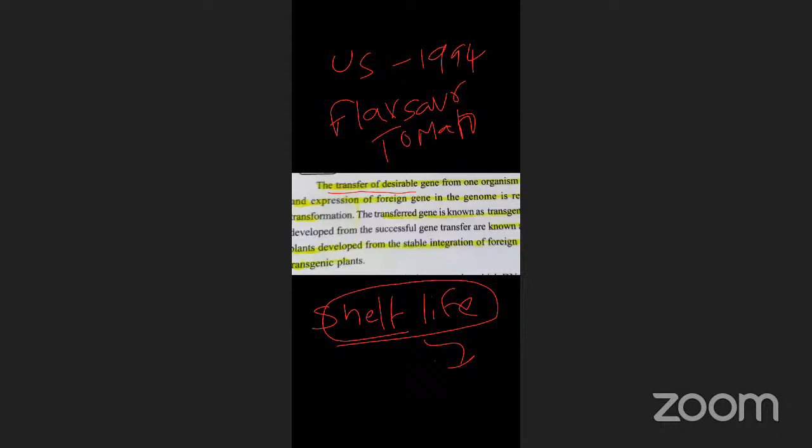First, rDNA technology or genetic engineering techniques. Are you ready? I already told you what rDNA is: recombinant DNA, right?